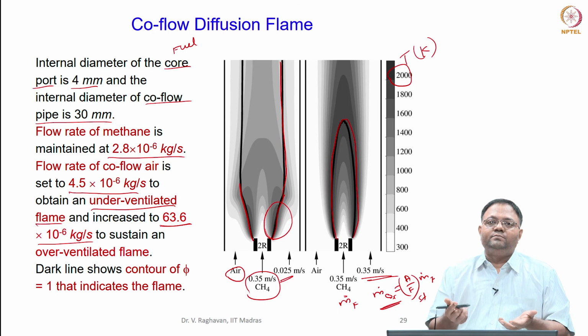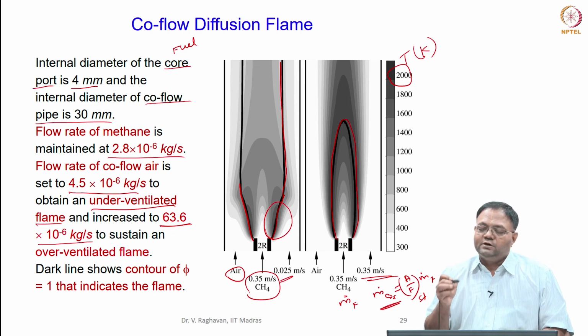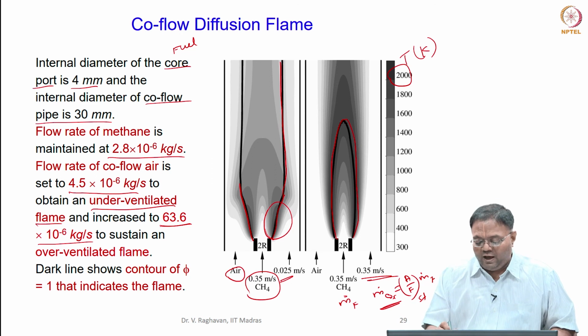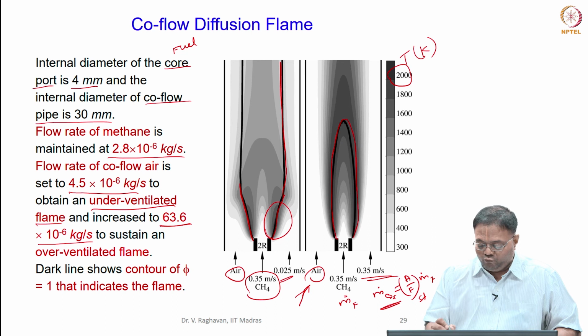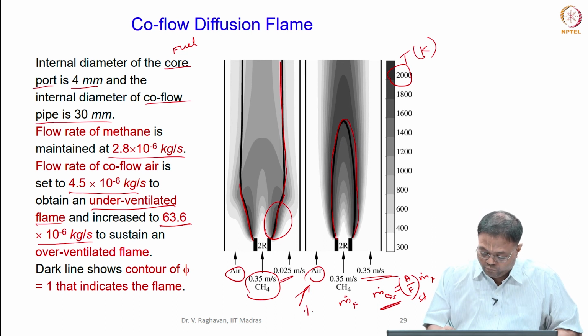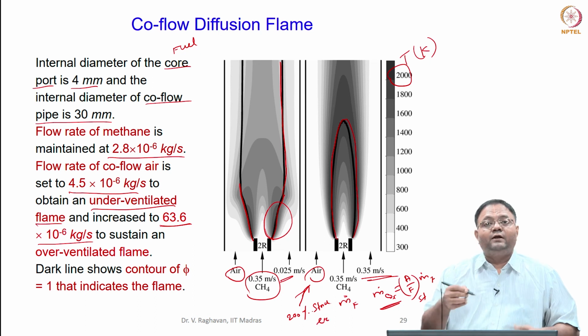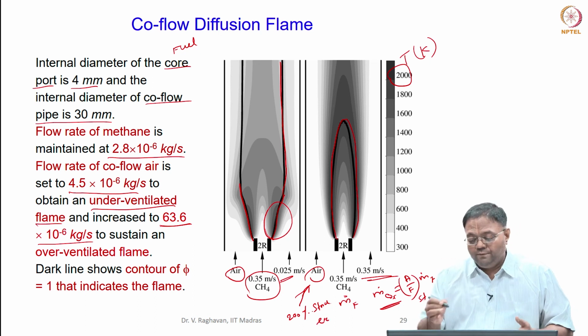However, the soot formation is actually reduced when the flow rate of co-flow air is 200% stoichiometric air, and so on.